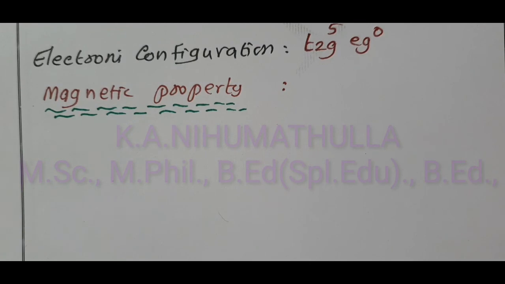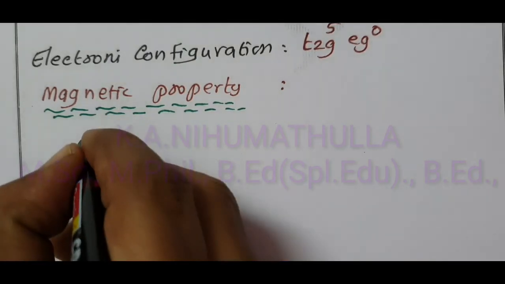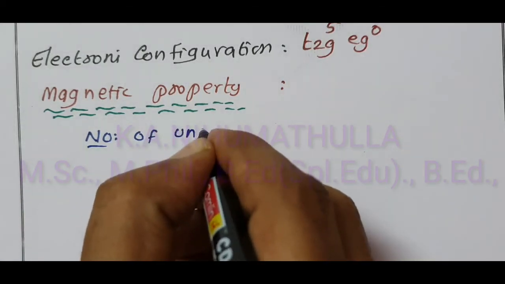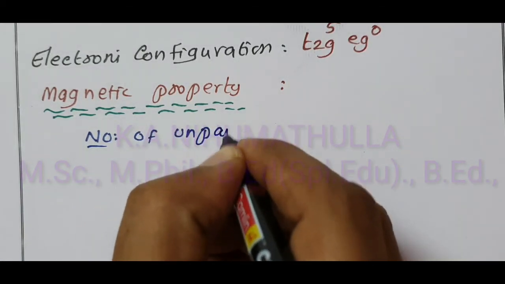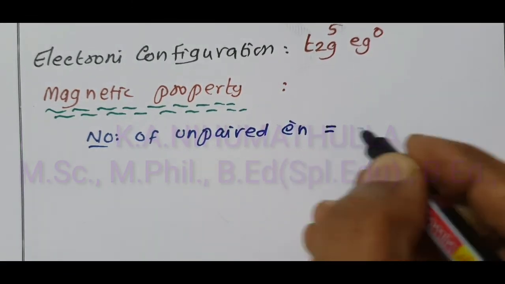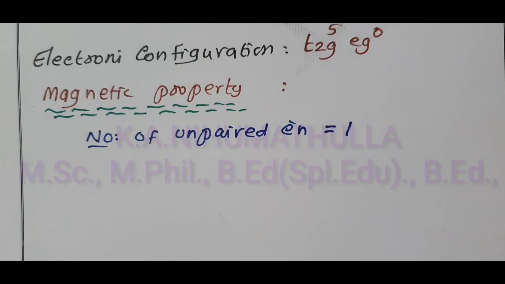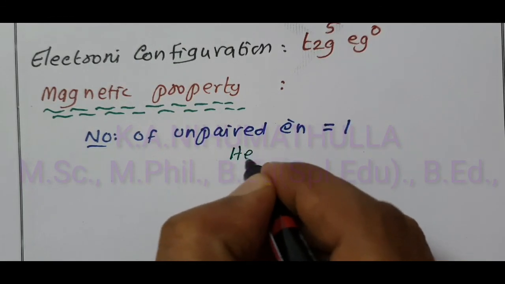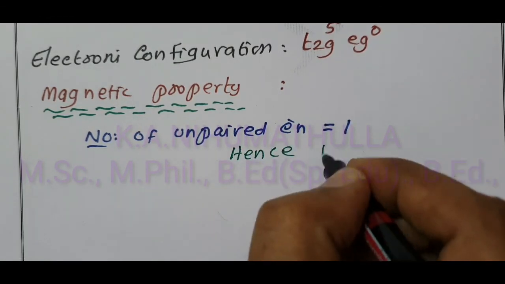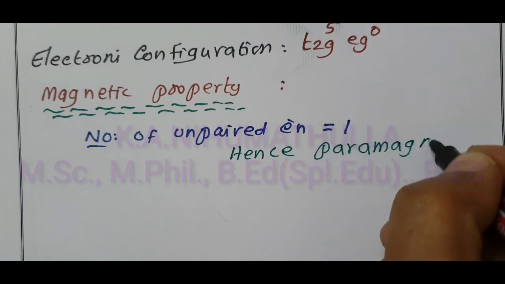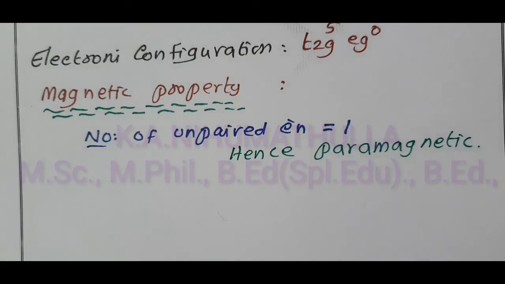Number of unpaired electrons is equal to 1. Due to the presence of the unpaired electron, the given complex is paramagnetic in nature.